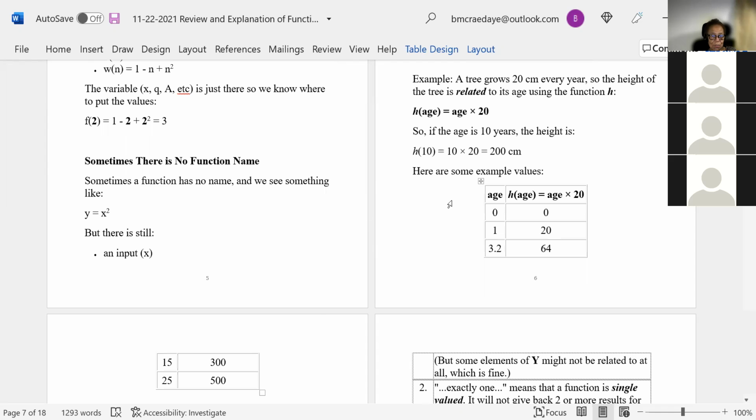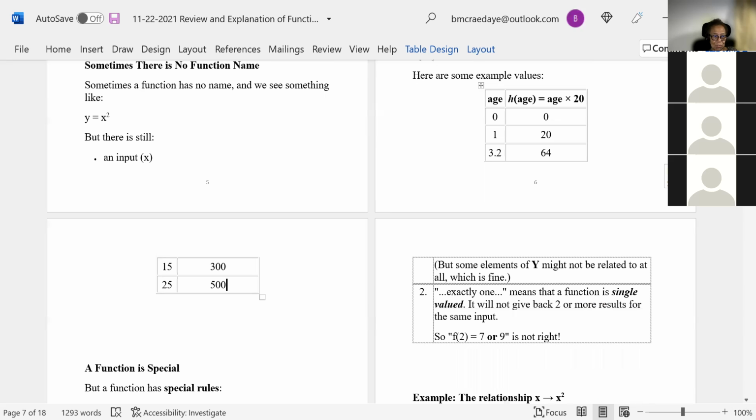So if the age of the tree is 25, then 25 multiplied by 20 would give you 500, the height in centimeters of the tree. And we did that from the relationship. The h of 25 is 25 times 20. Questions? And that's all from the table that gives you the relationship.